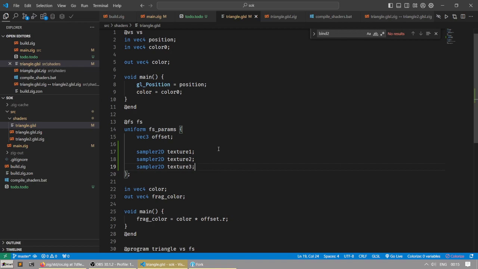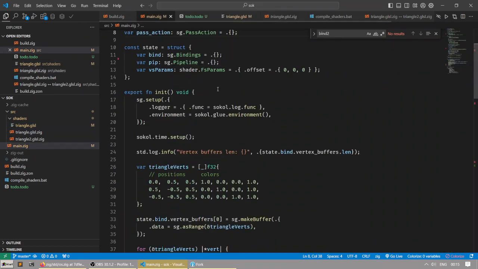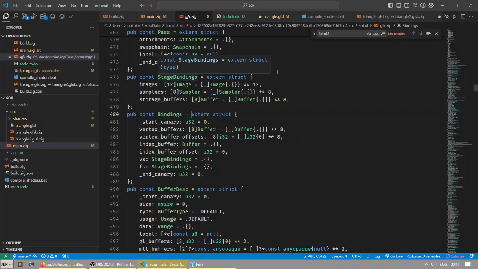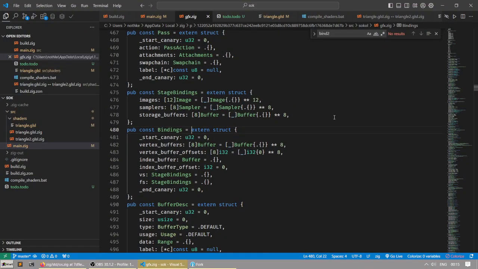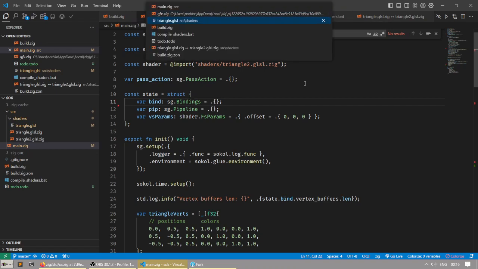And if it is 3 samplers and 3 textures, then why does Sokol have 8 samplers and 12 images? Why would there be more images than samplers? Why is it not 12 and 12, or 8 and 8, if that is what you're basically going to use it for?